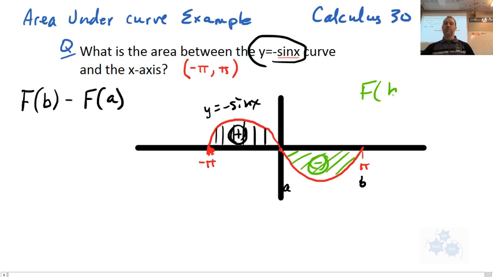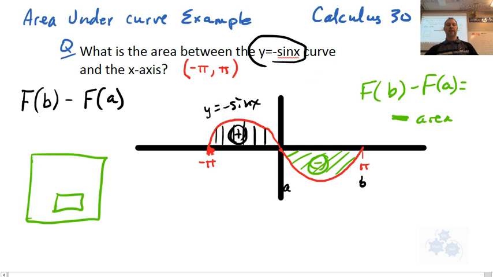So here, capital F of b minus capital F of a is going to equal the negative area. So we're going to get the right value, but it's just going to show up as negative. And the example that I used before was if you have a large area and you want to subtract, you want to find the area, for example, of this large area minus this area.